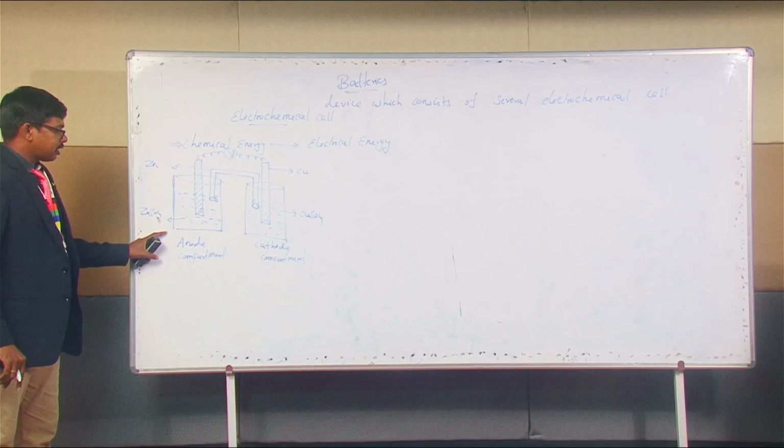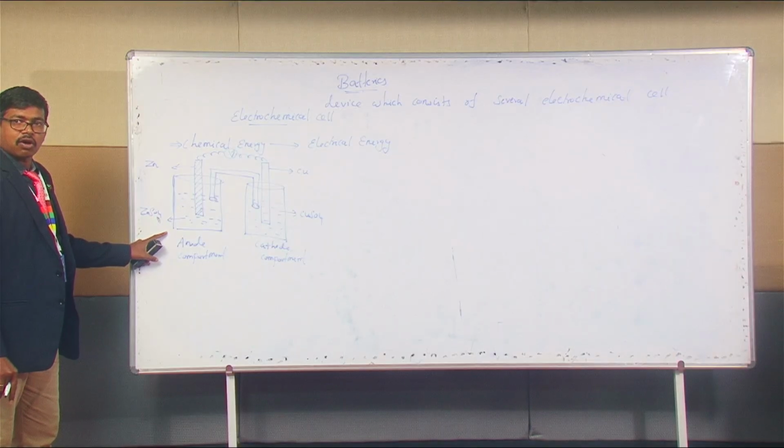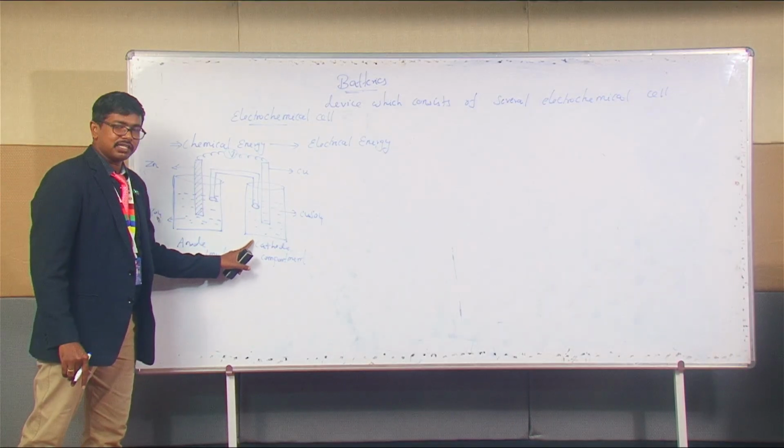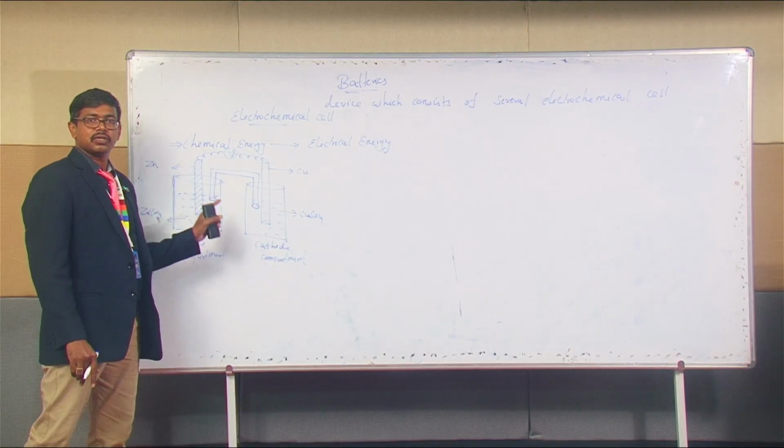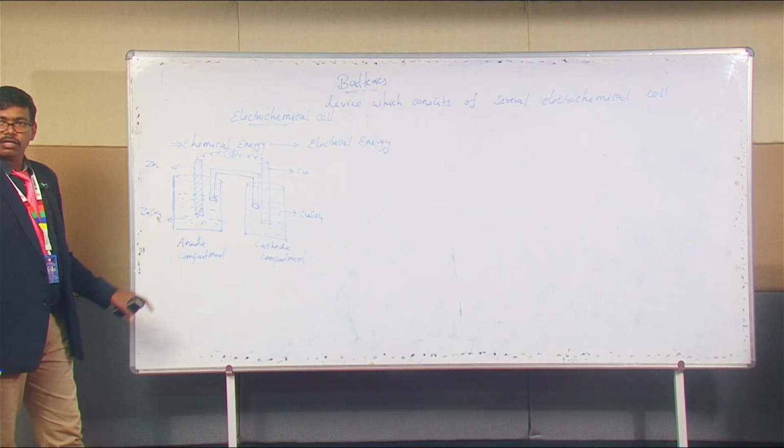In the anode compartment, the reaction that takes place is oxidation. In the cathode compartment, the reaction that takes place is reduction. The complete process is called a redox reaction.